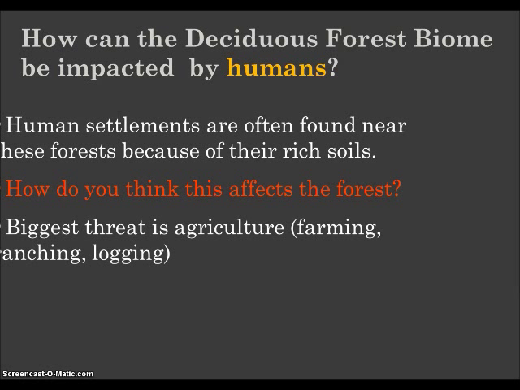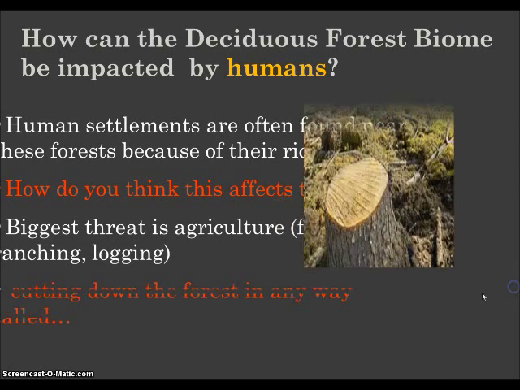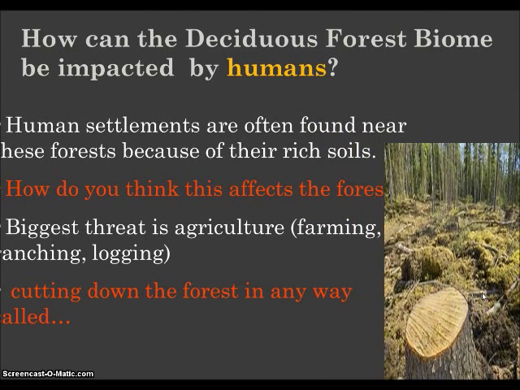The biggest threat is agriculture, which is a collective word for farming, ranching, and logging. And when you cut down the forest in any way, that is called deforestation. Cutting down the forest, cutting down the trees in any way is deforestation. And that was one of our unit vocabulary words as well.